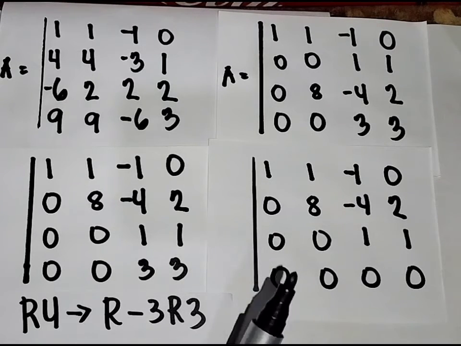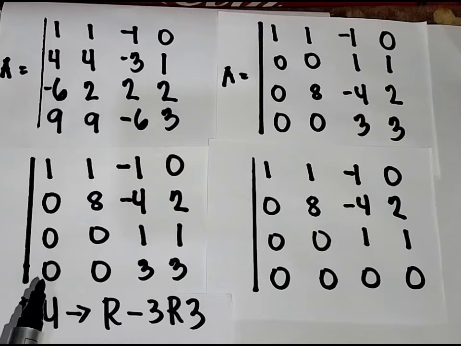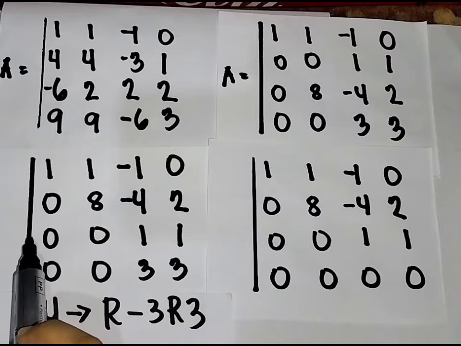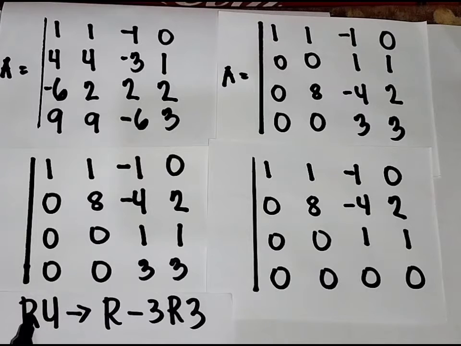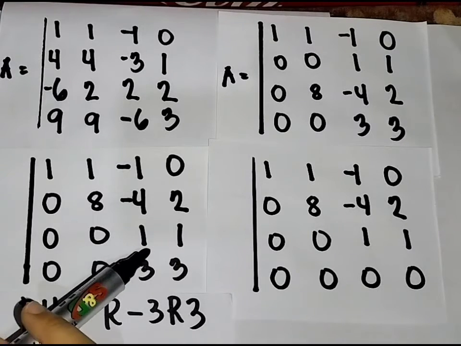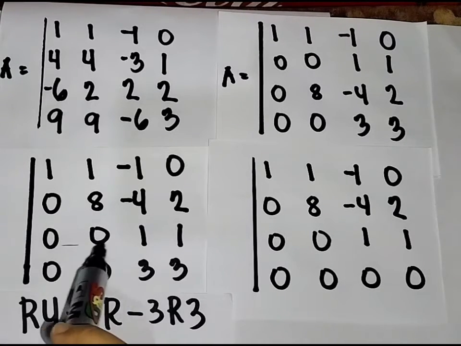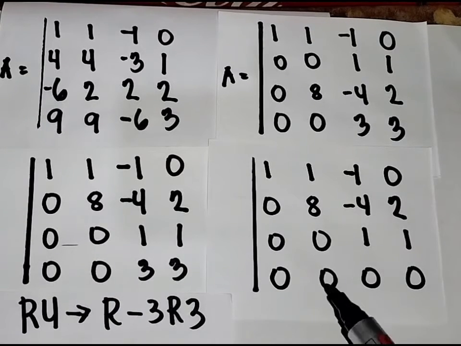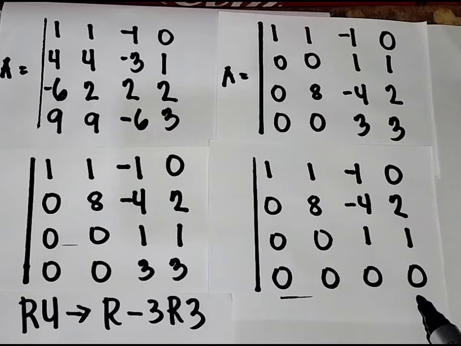So, ibig sabihin row 4 is from the third. Bali, ang ilalagay sa row 4 is yung from R4 minus 3R3. So, 3R3 will be the third layer. Gaya ng solution kanina, ganon din ang lalabasin. It will be 0. Okay.